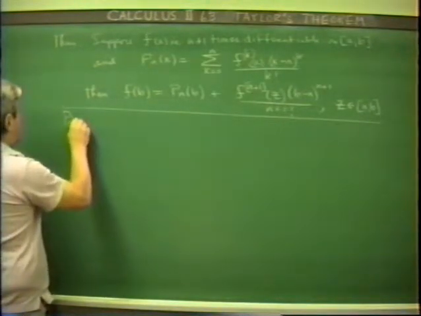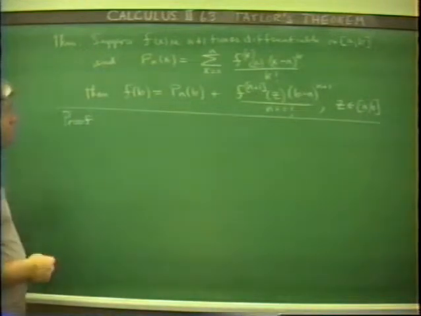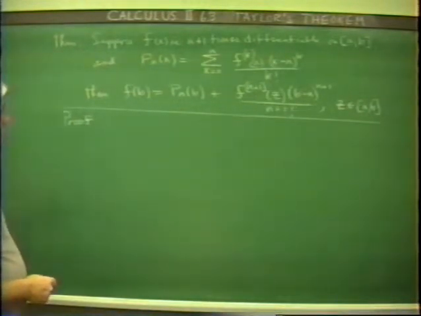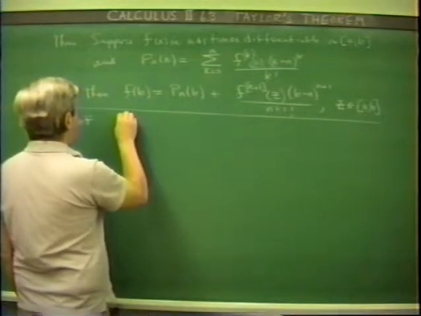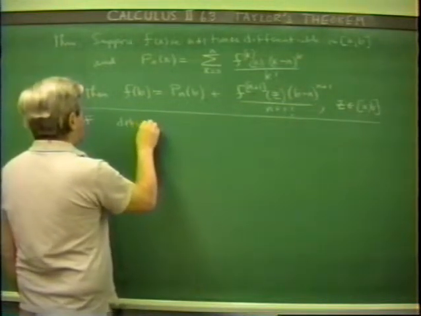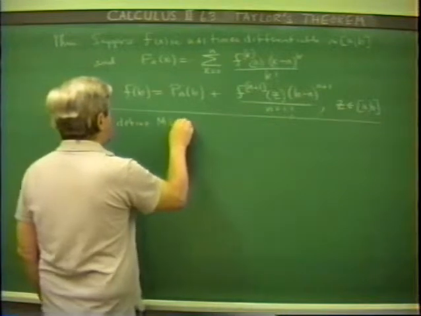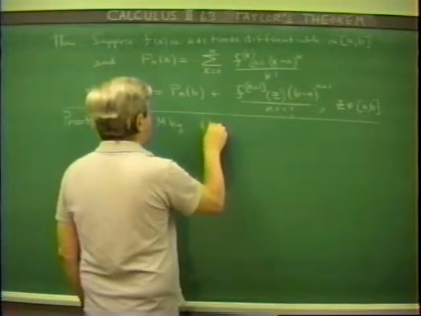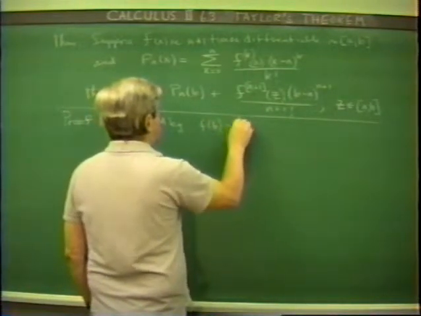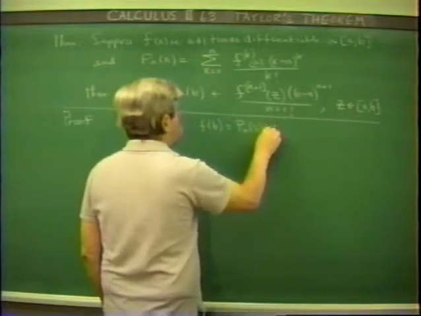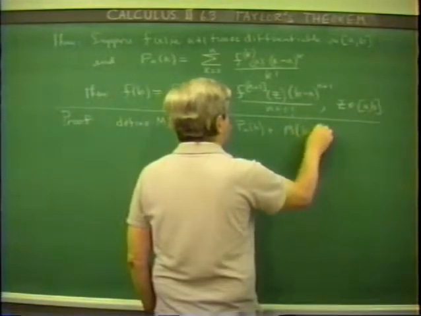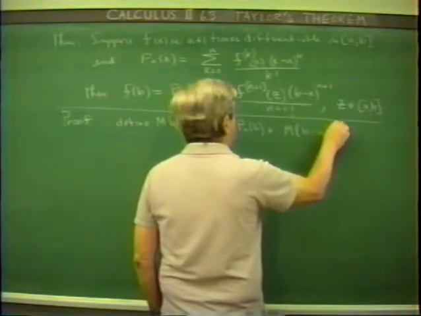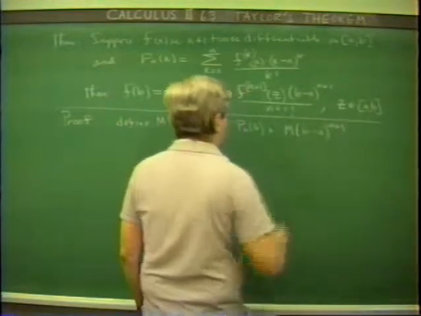Okay, the proof. What we do is the following. We define M as follows. F of b is equal to Pn of b plus M times b minus a to the n plus 1.